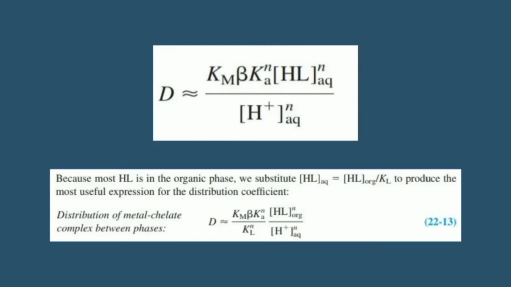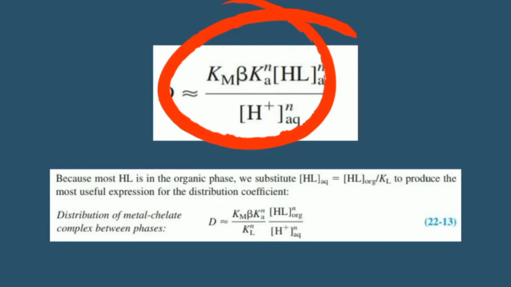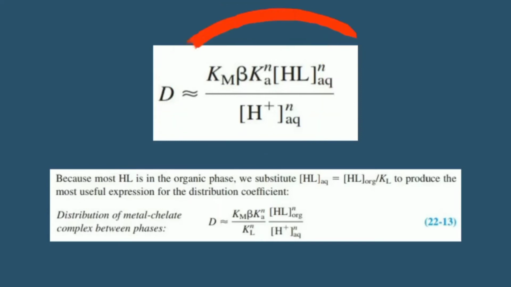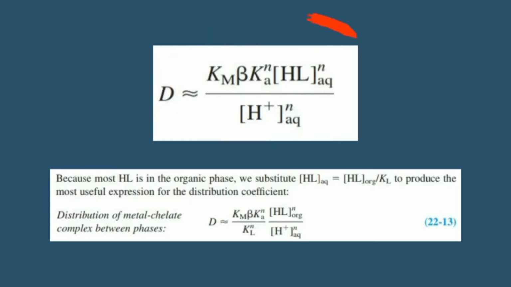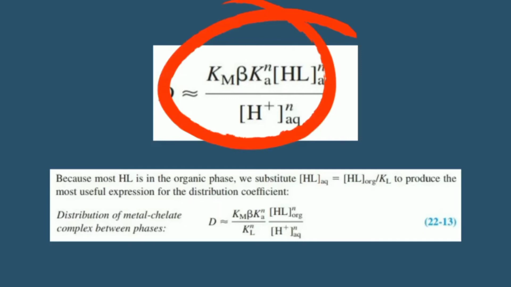We can plug that value into the distribution coefficient expression, and it gives that the distribution coefficient is approximately equal to K sub M times beta times the concentration of our protonated ligand in the aqueous phase raised to the nth power, divided by the hydrogen ion concentration in the aqueous phase raised to the nth power.